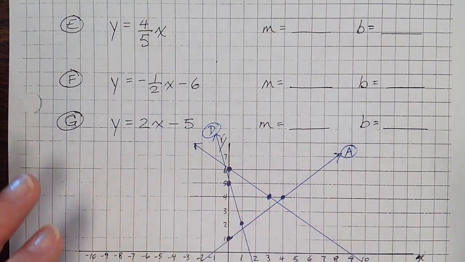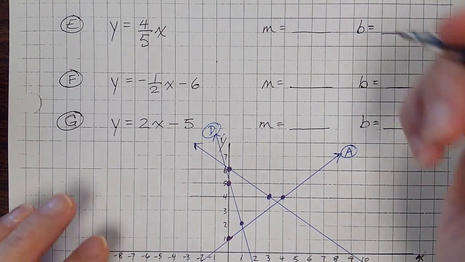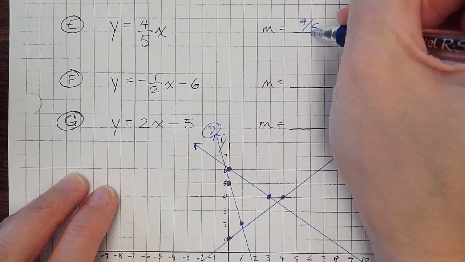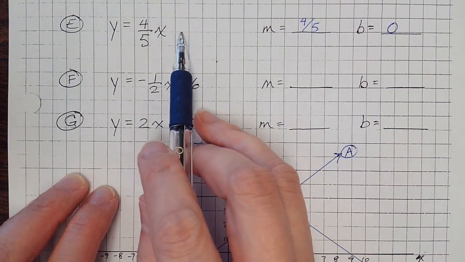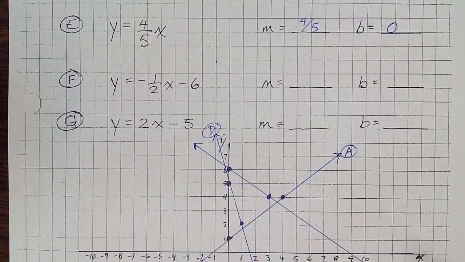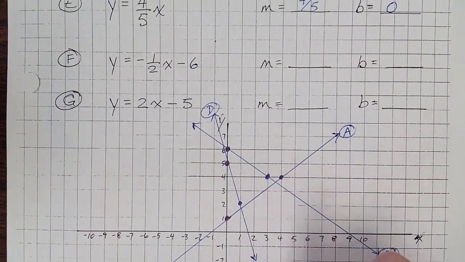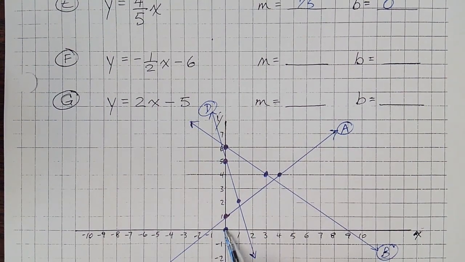E. Okay, this is a little tricky. E, what's my slope? What's my y-intercept? Logan. So the slope is 4 over 5. Good. And y-intercept is 0. Good. All right. If there's nothing, it means your y-intercept is 0. Right? So 0 on my y-axis, it's right here, right on the origin.